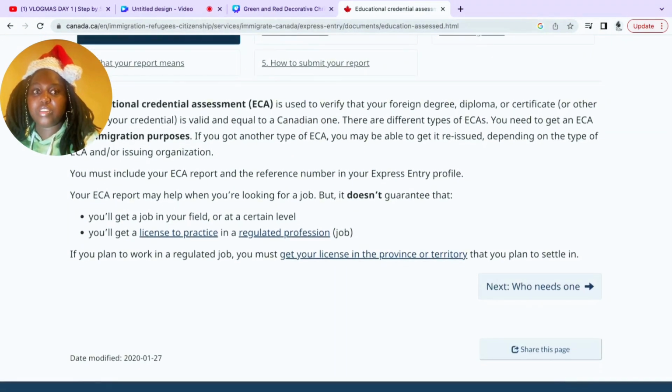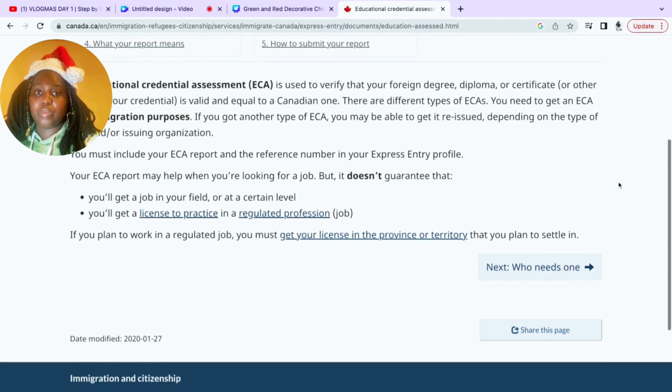But if you did not do your education in Canada, just like the rest of us peasants, you need to do an ECA. There are different ECAs. You need to get one for immigration purposes. Unless your ECA reads that you're doing it for immigration purposes, it's going to be difficult. And if you have another type, then you need to get it reissued.